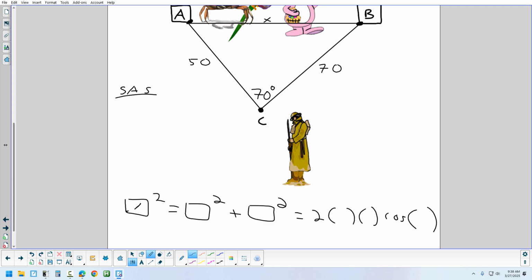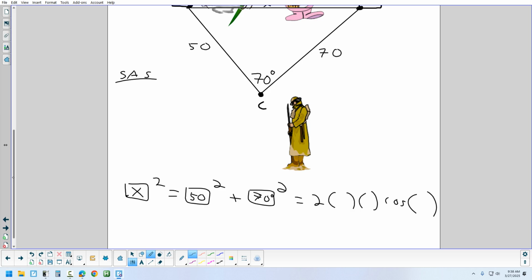X. Yeah. So we're going to start out with x squared. And what would come in the next box? 50 squared, 70 squared. Okay. And then the next in parentheses. Oops, that's a side, not an angle.